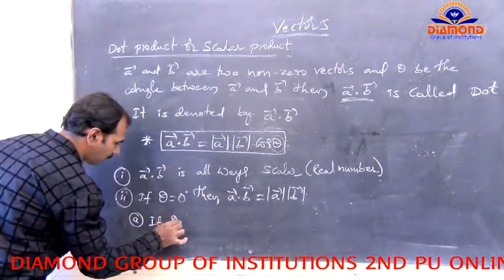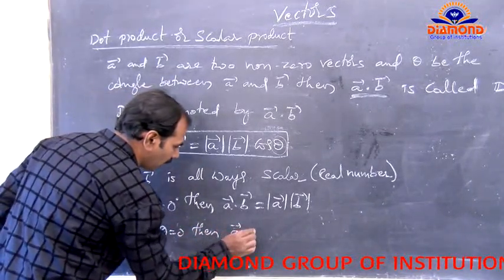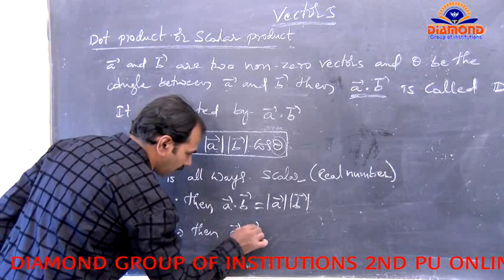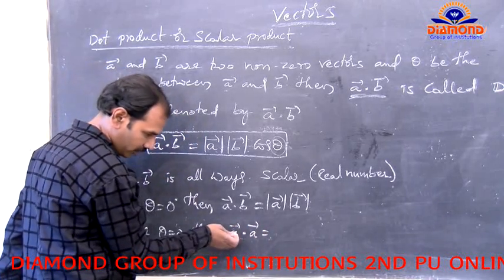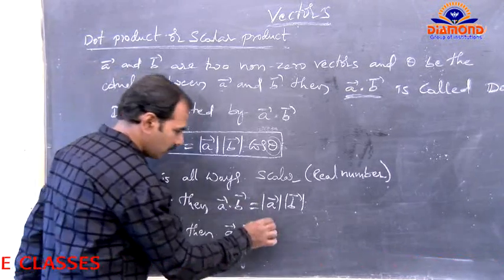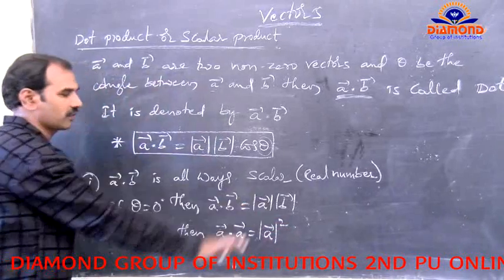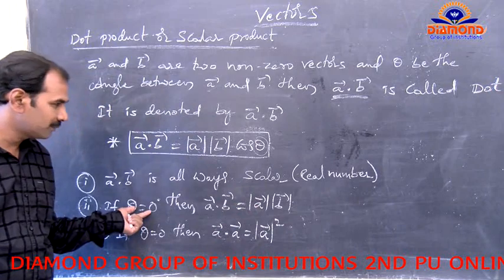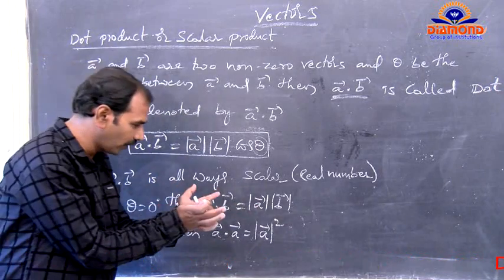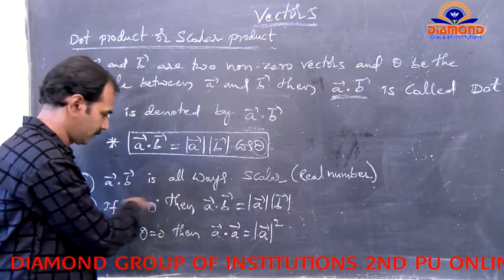If theta equals 0 for the same vector, then A vector dot A vector is the magnitude of A bar squared. If theta equals 0, the angle between the two vectors is 0, which means both are parallel vectors.